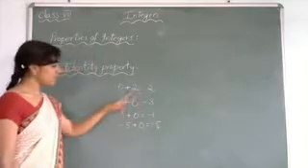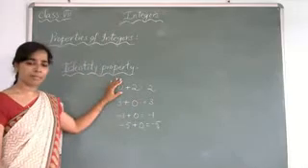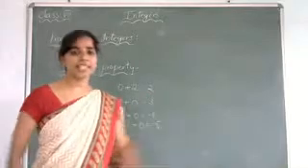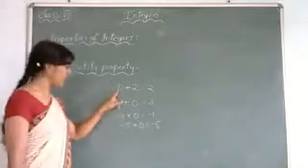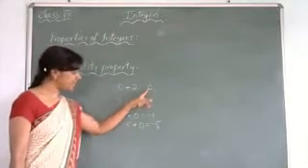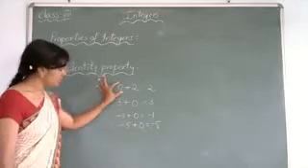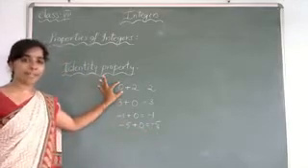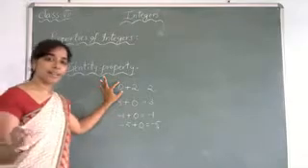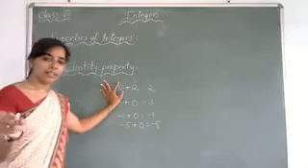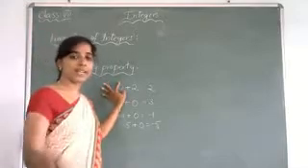So what is happening here? If any number is added to 0, the result is the number itself, right? Then 0 is called the additive identity.